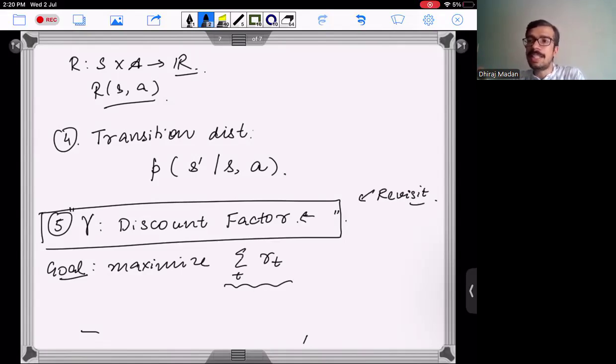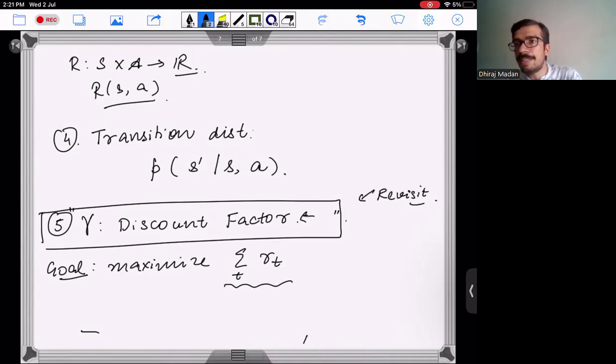There is a notion of finite horizon versus infinite horizon Markov decision processes. We are not going to discuss those in too much detail, but in some cases you might want the game to end in a finite number of steps, which is called a finite horizon MDP. In some cases you may not want that; you might want to allow the game to continue till infinity.